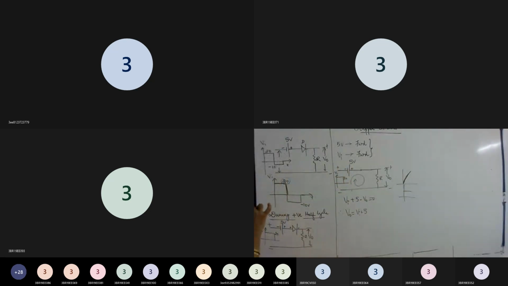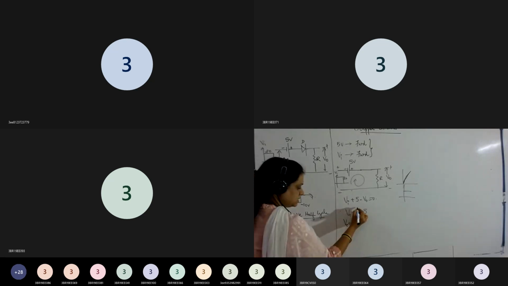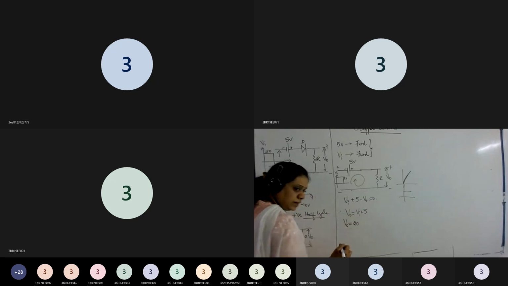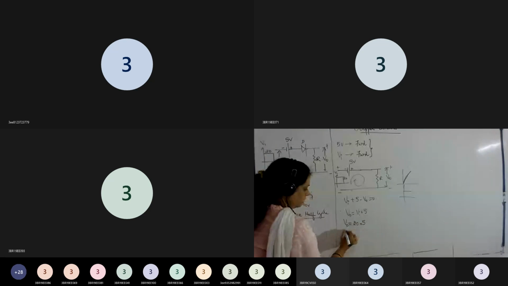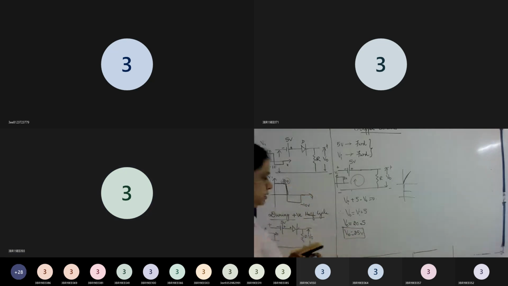So for the entire positive half cycle, Vi will be 20 only. Therefore, V0 is 25 volt, correct?